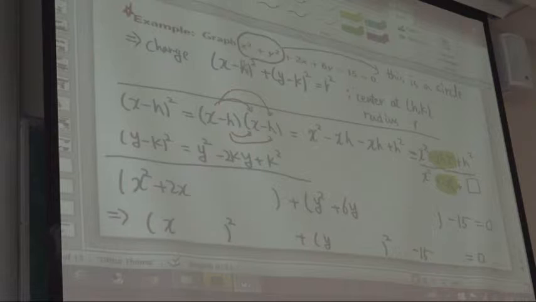To do that, we group the x terms, x squared and 2x, together, and group the y terms together first. Then we have to add or subtract some numbers.